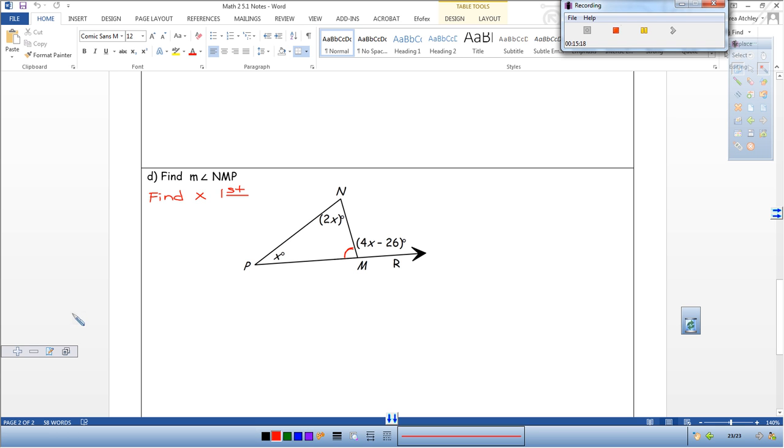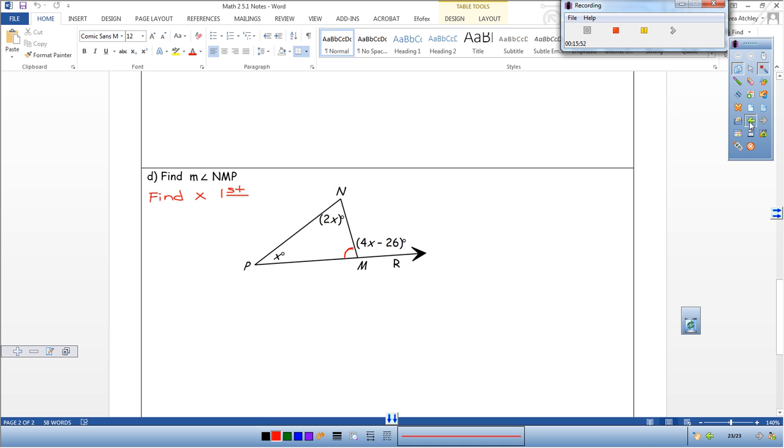Okay, so we want to look back at some of our theorems and definitions in order to be able to find x. Because I don't have all the interior angles, and this is a linear pair, but I don't have this angle here, so that's not going to be helpful. What I have is two interior angles and one exterior angle.